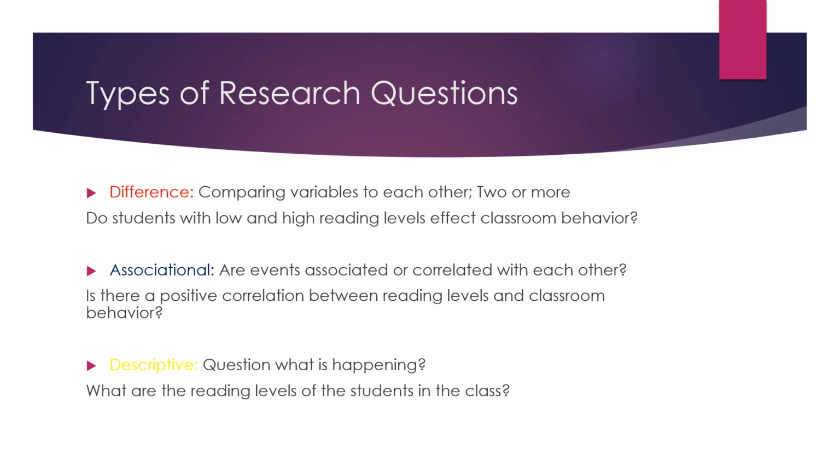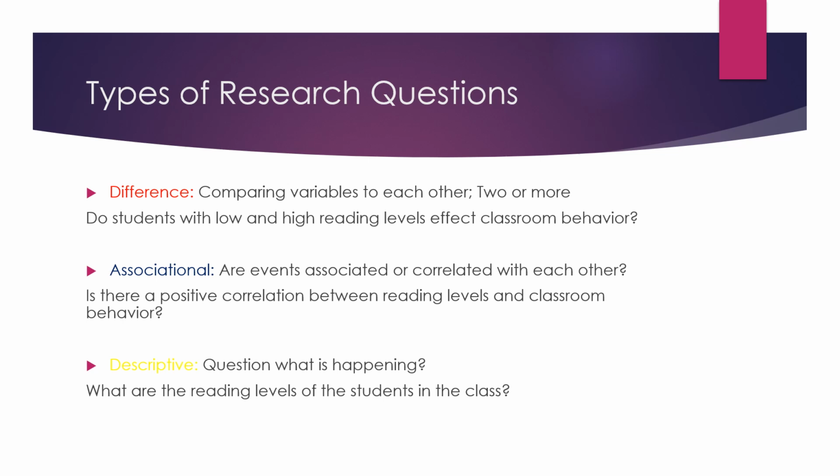A positive correlation is when one variable goes up, the other goes up. When one variable goes down, the other variable goes down. So, the lower a student's reading level is, the worse their classroom behavior is. The higher their reading level is, the better the classroom behavior will be.